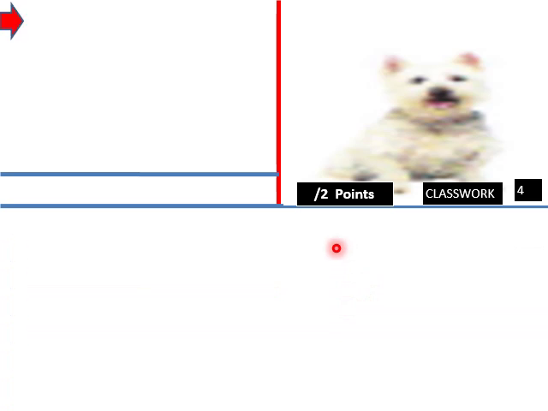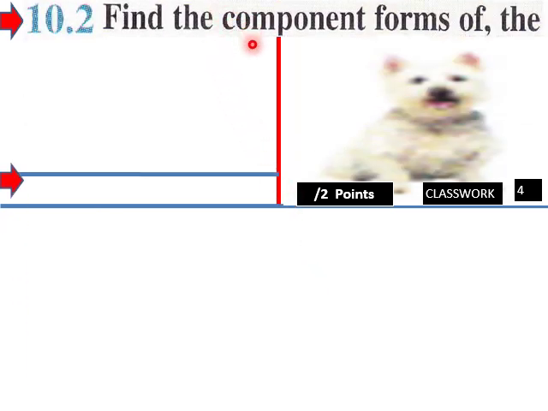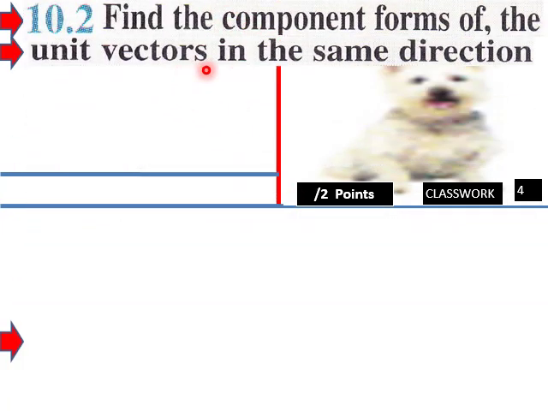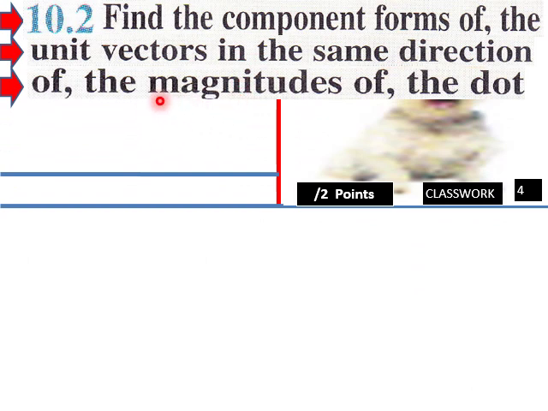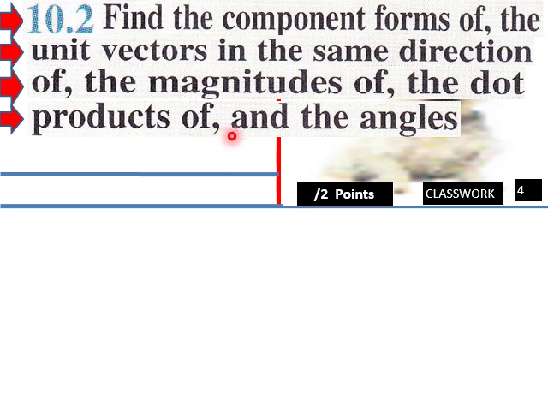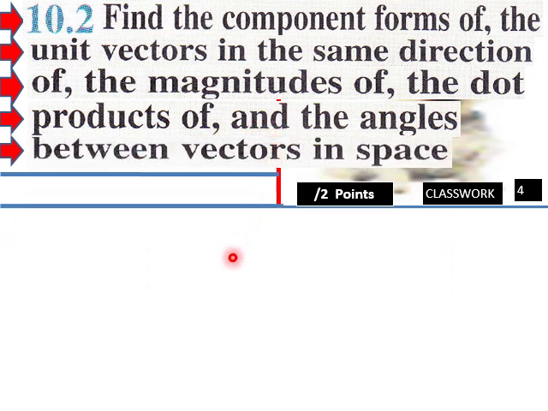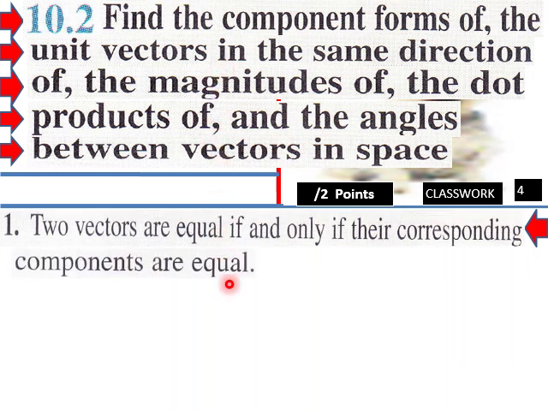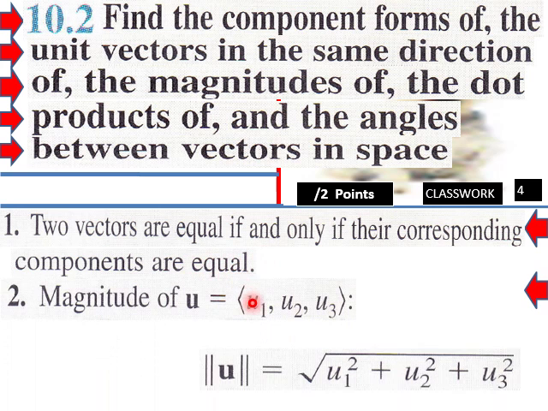Into 10.2, find the component forms of the unit vectors in the same direction, the magnitudes, the dot products, and the angles between vectors in space. Two vectors are equal if and only if their corresponding components are equal.